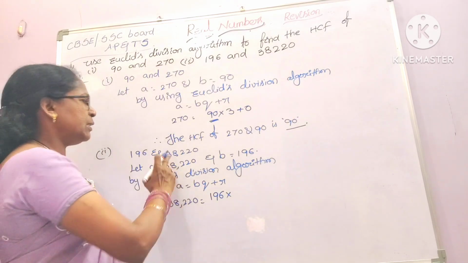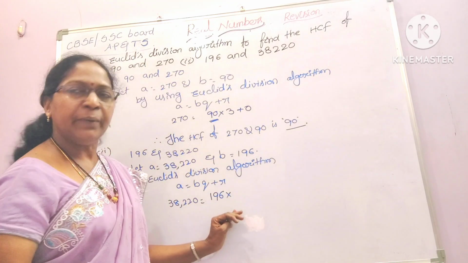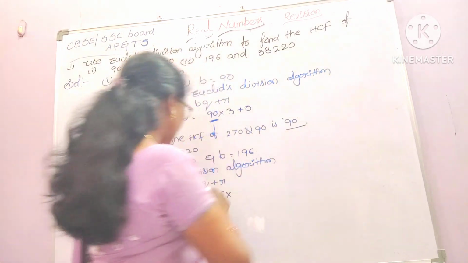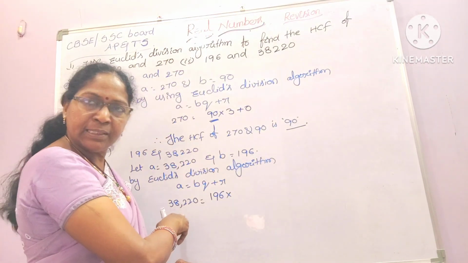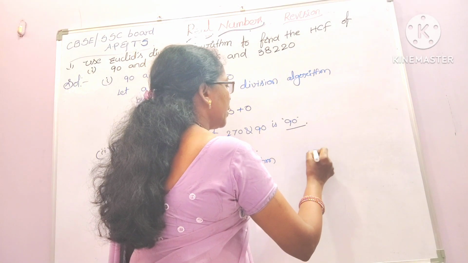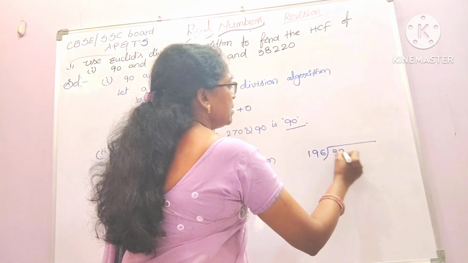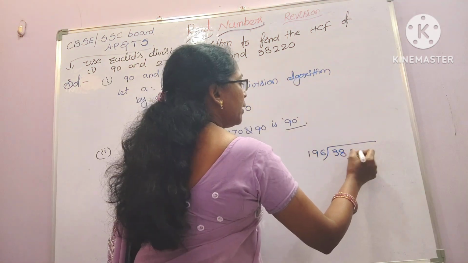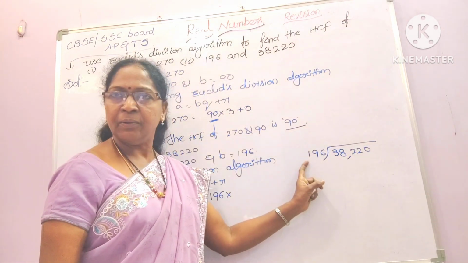How can you find out? When the numbers are small, directly you can write it. But these are big numbers, so in the rough column you have to check how many times 196 is divisible in this number, 38,220. Now just check it.